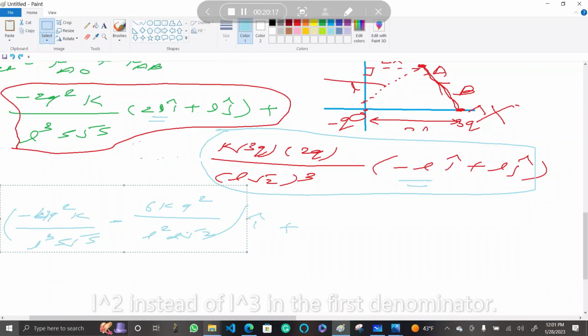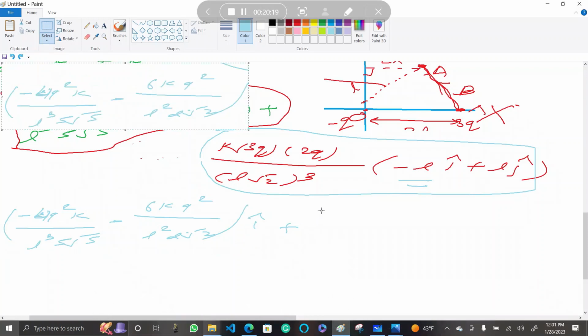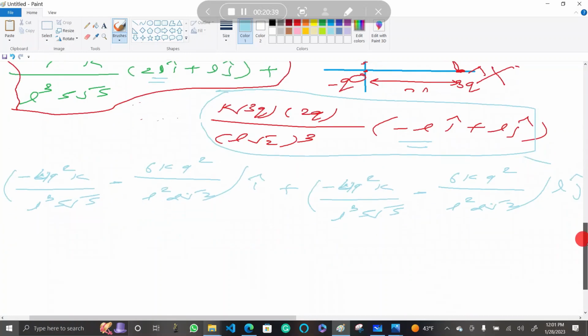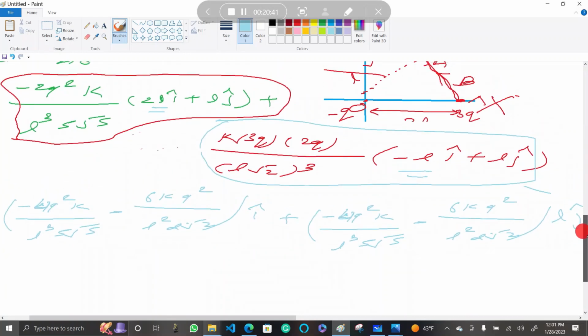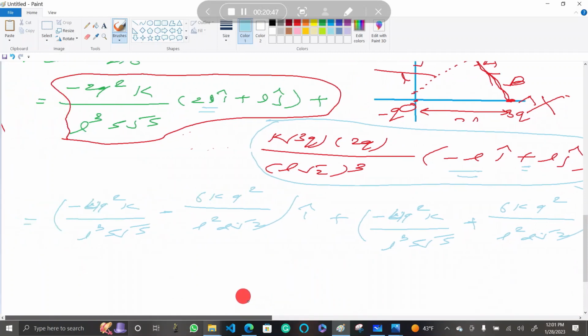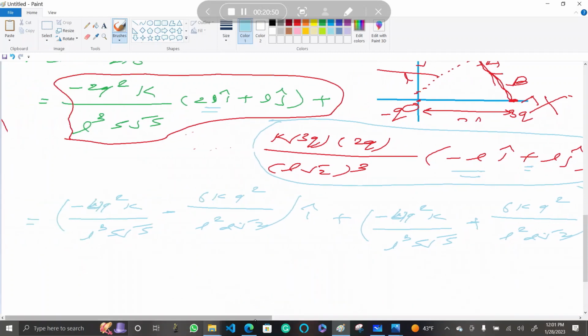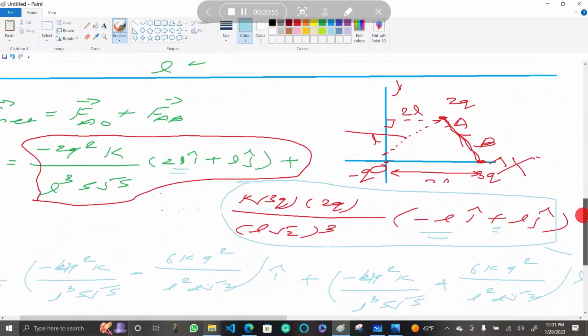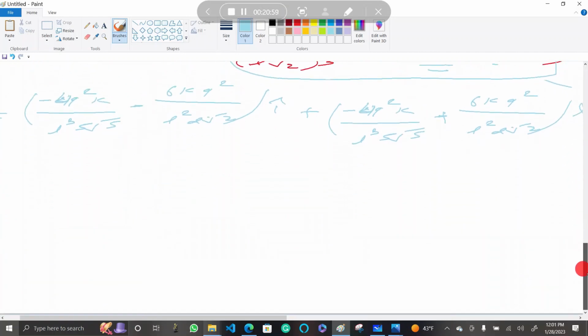And from the last two parts I can have the same expression right here, but along the y direction, L into j direction.